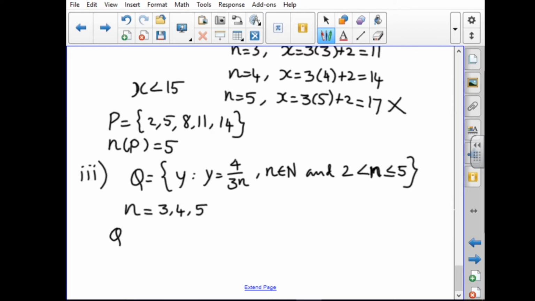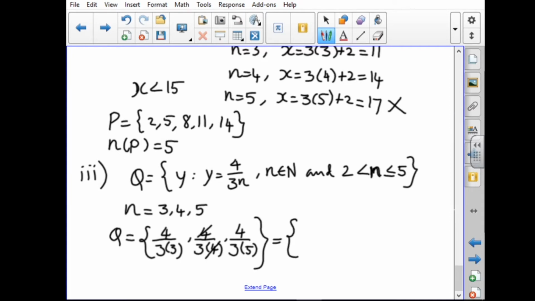So Q is equal to, what do you get? You can apply the n values here. Q is equal to 4 by 3 into 3, then 4 by 3 into 4, then 4 by 3 into 5. Here 4 4 cancel, so you will get 4 by 9 and 1 by 3, then 4 by 15.